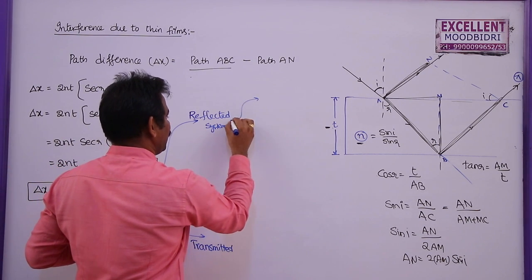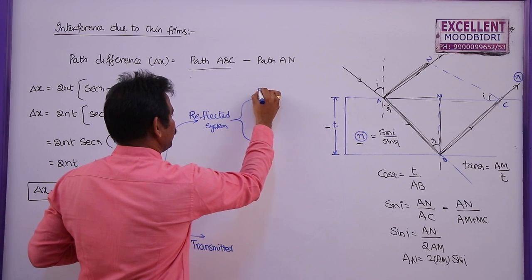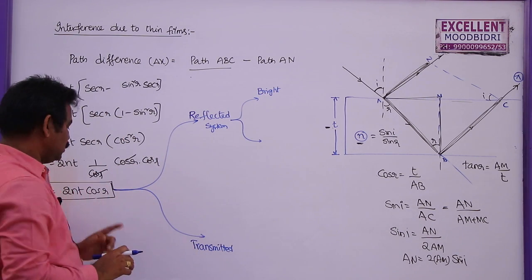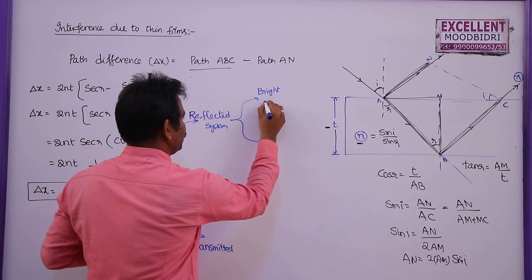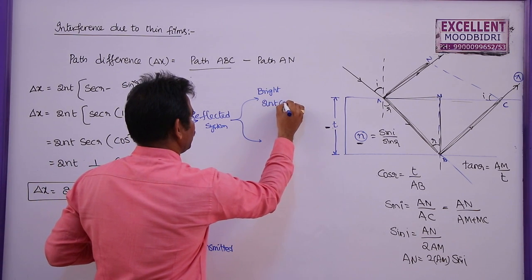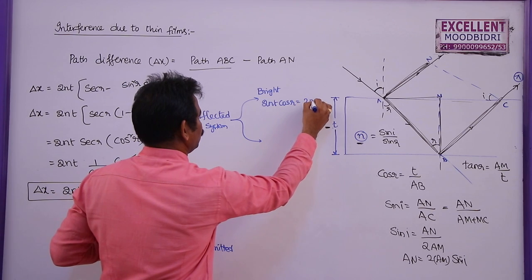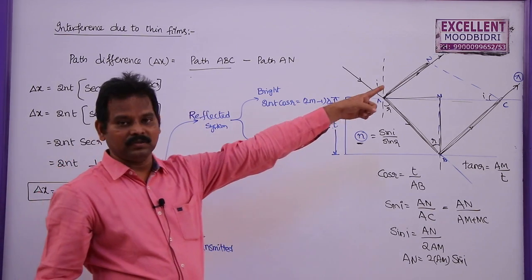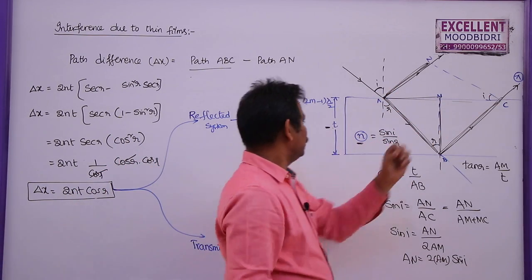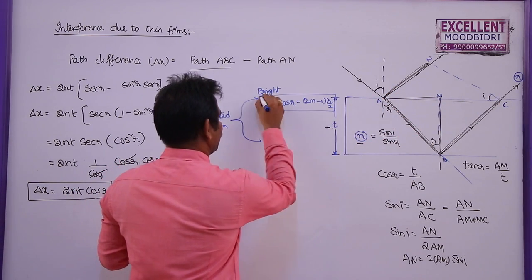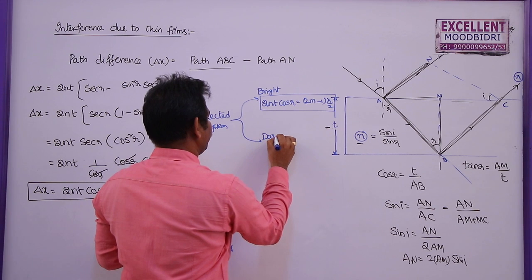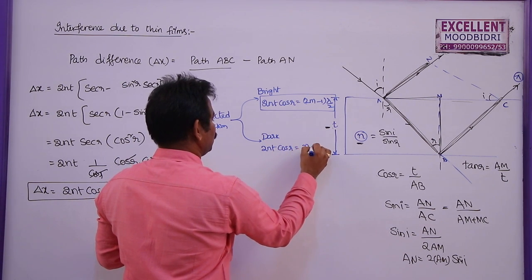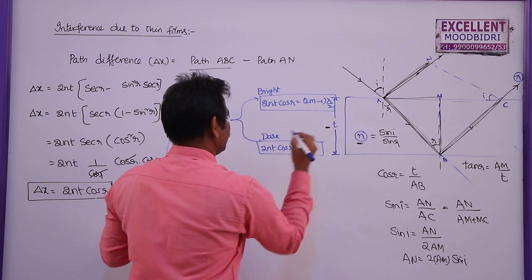Once again we have two types of fringes. For bright fringes, this 2nt cos r is equal to 2m minus 1 into lambda by 2, as there is a phase change of pi here. Similarly, for dark fringe, 2nt cos r is equal to n lambda.